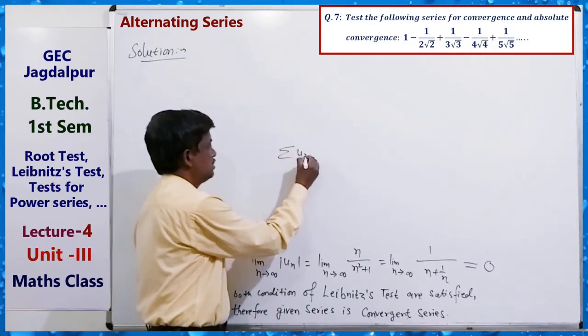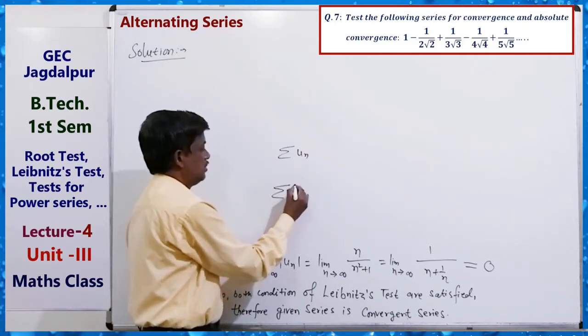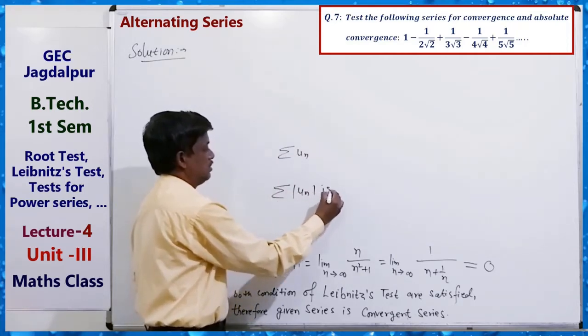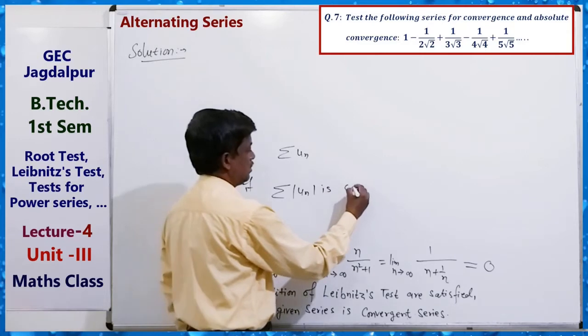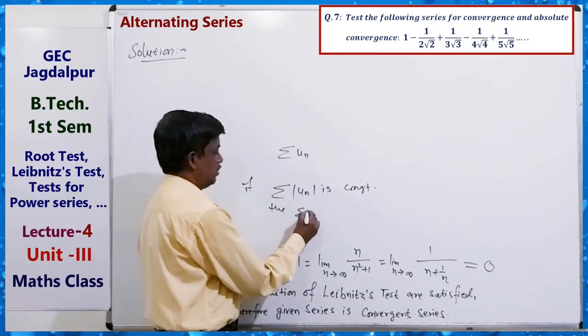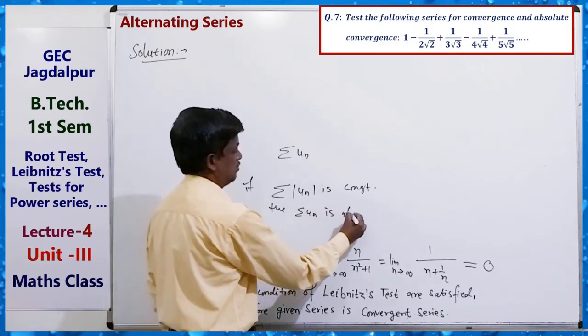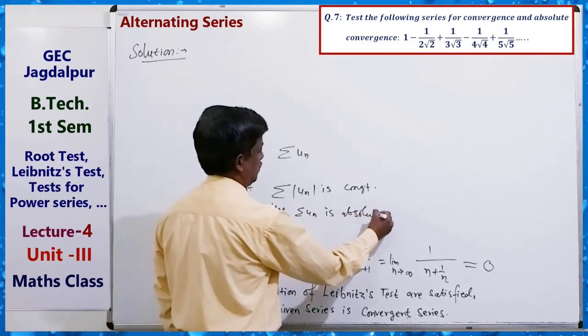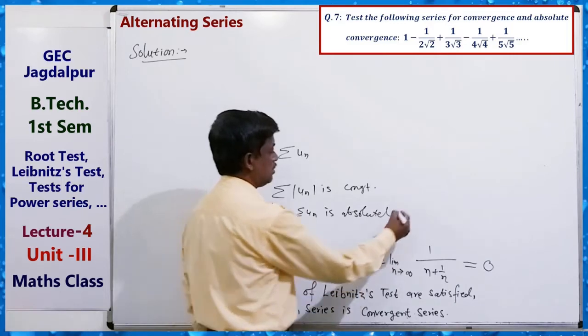For the series, if this is convergent, then this is absolutely convergent.